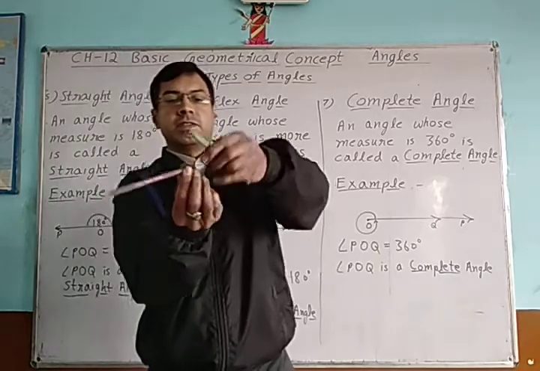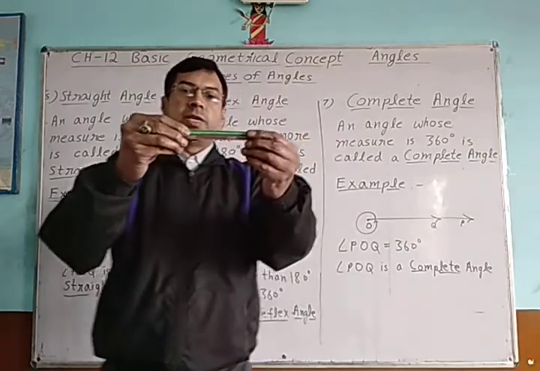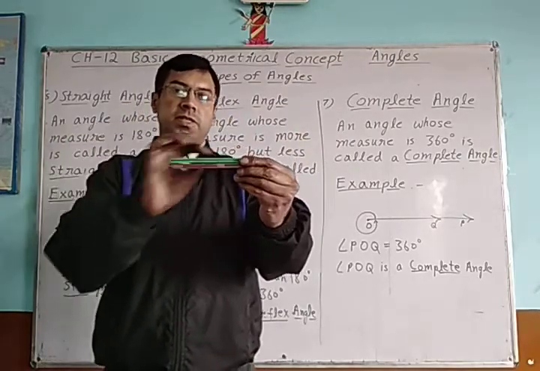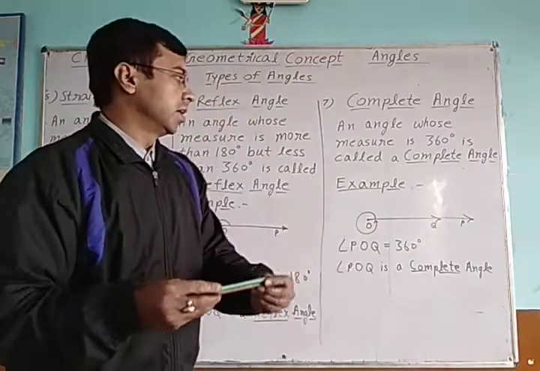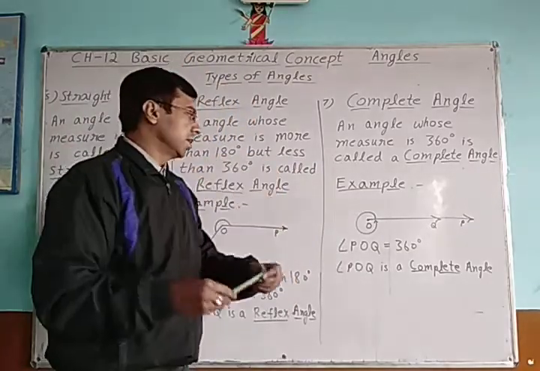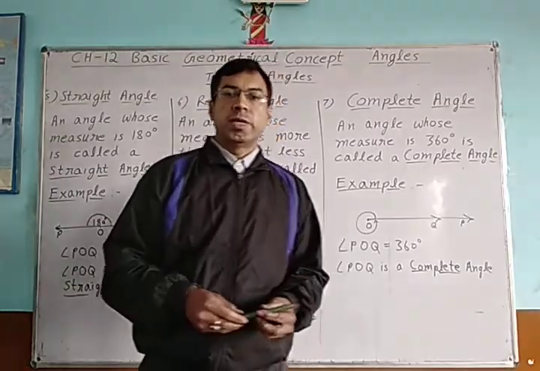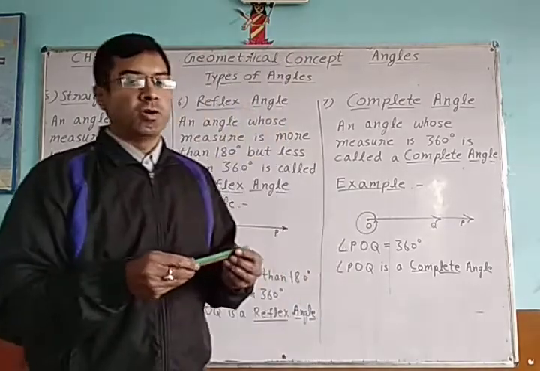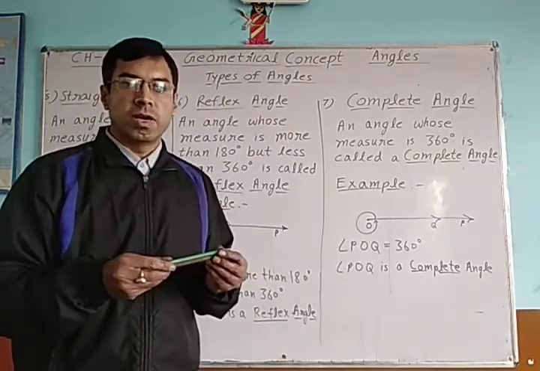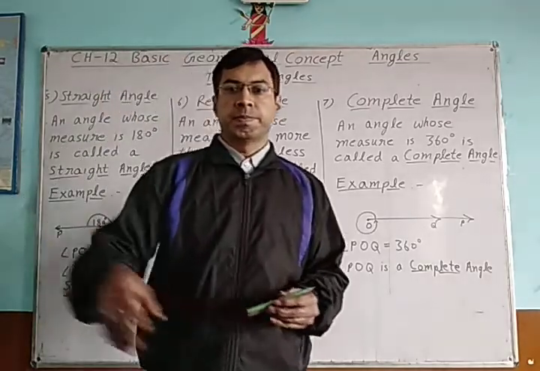Now see, it is complete angle. This pen I have rotated completely, so it has formed a complete angle and it has made 360 degree. Clear? So I have explained that the size of an angle is measured by the amount of turn or rotation by the two arms, not by the size of the arms. Clear?